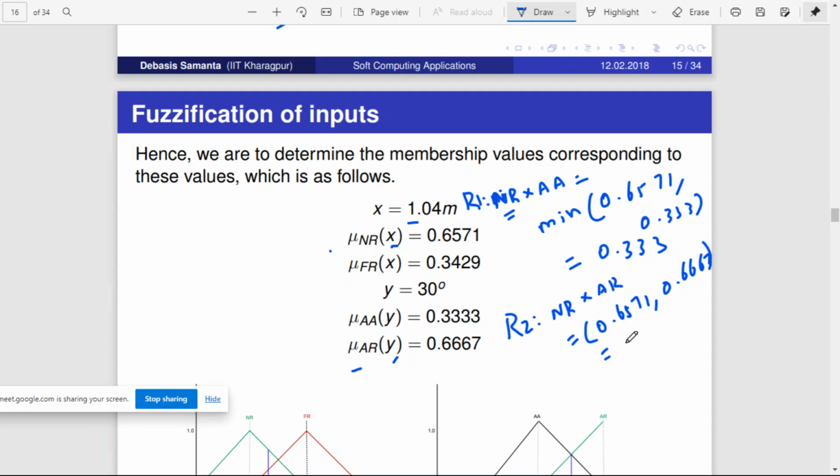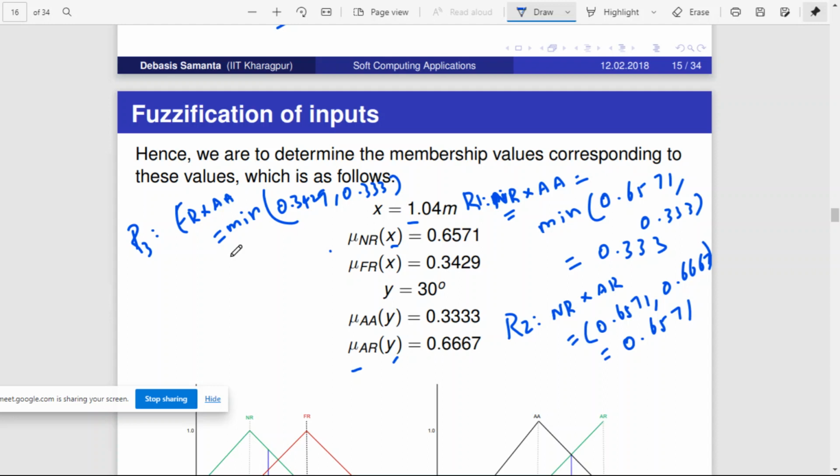If you see rule 3, it is FR and AA, which is nothing but the minimum of, what is FR? 0.3429 and 0.333. What is the minimum? 0.333.